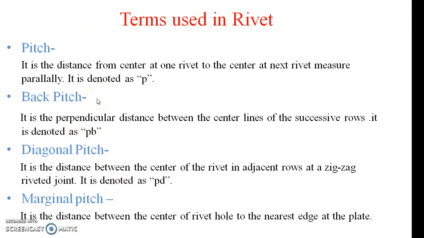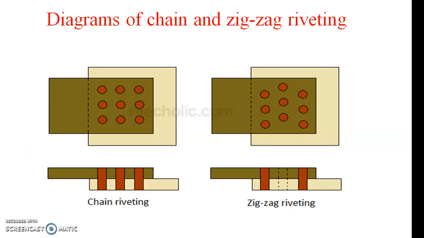And back pitch is the perpendicular distance between the center lines of successive rows. It is denoted as PB. It is the perpendicular distance between the center lines. It means there are three rows. This is one row, this is two row, and this is three row.